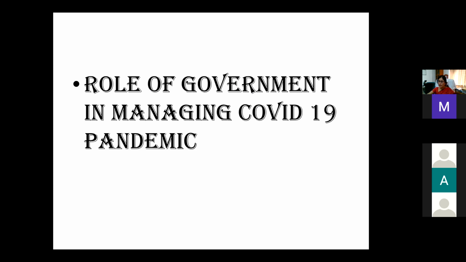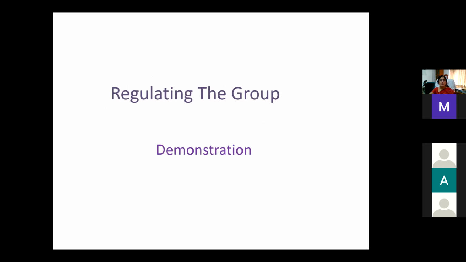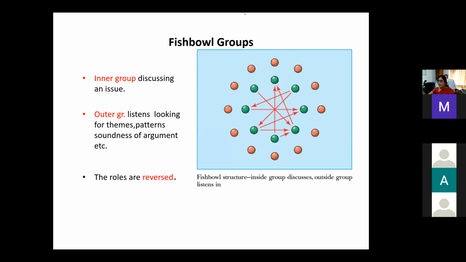And the outer group is observing how they are performing. Suppose this is the inner group, so the outer group is the observer. They should see how many people are participating. Some people just won't speak, some people will go on speaking. So also who is talking to whom.